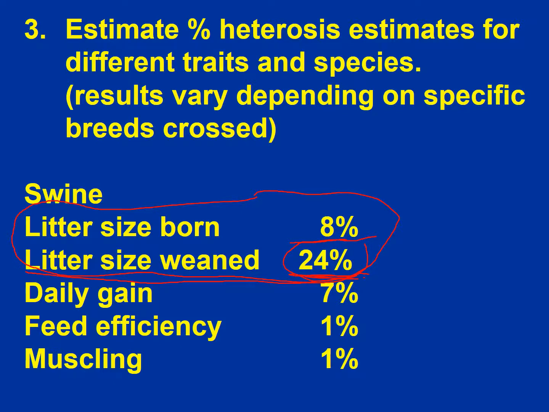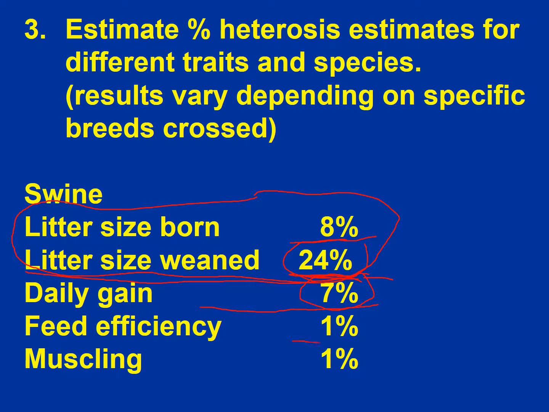Okay, after weaning, then heterosis tends to get smaller. Daily gain after weaning, so how fast the pigs grow from, let's say, 20 pounds to 280 pounds. Oh, we got a 7% heterosis.